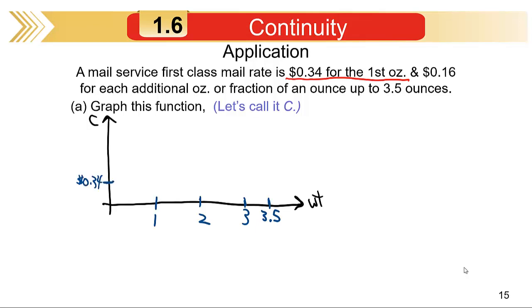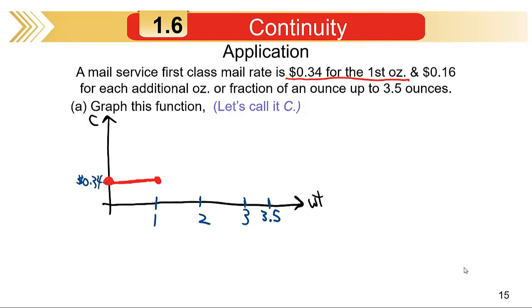So anything up to an ounce is going to cost the same, 34 cents. From nothing, from no weight at all to an ounce. It's hard to imagine something weighing nothing, but the point is the mail service is not going to mail anything for free. Everything you put in there is going to be 34 cents at least.